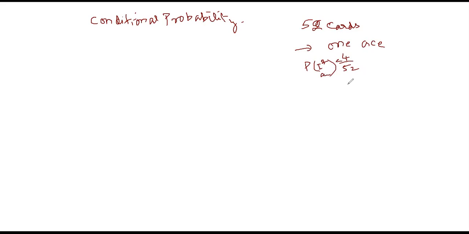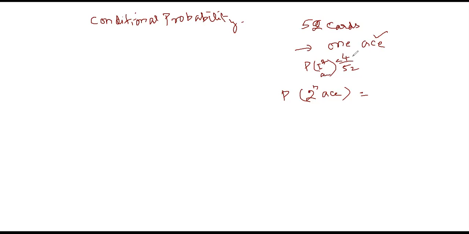And then the question is, the first ace is already taken. Then find the probability of taking the second ace. For finding the second ace, the first ace we have already taken, and this is without replacement. I'll tell you later about with replacement; that also we study. Without replacement means we are not putting back the card selected.